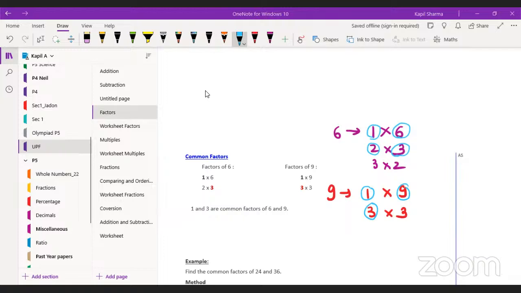Yes, guys. Revat, Swastik, Devika. Common factors are, you can see 1. Of course, 1 is a factor of every number. And the next one is, yes, Devika, 3. Okay, so 6 and 9 have 2 common factors, 1 and 3.